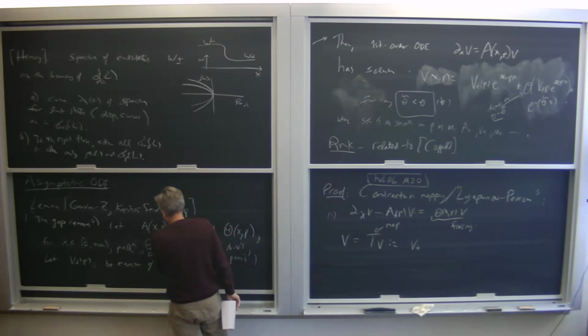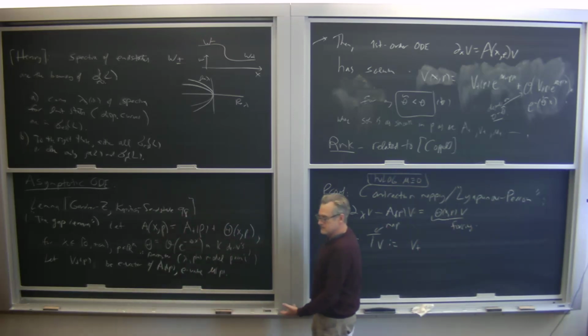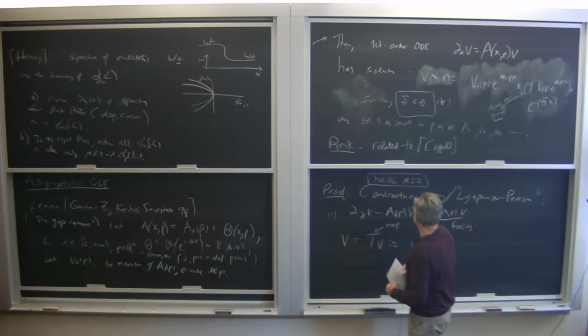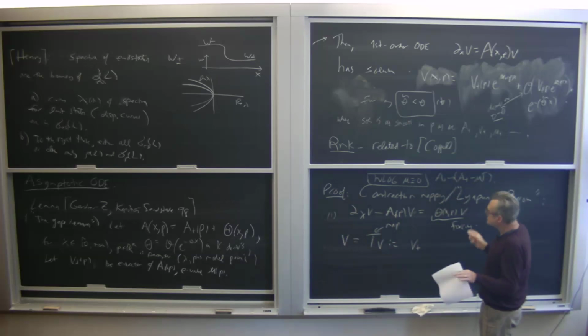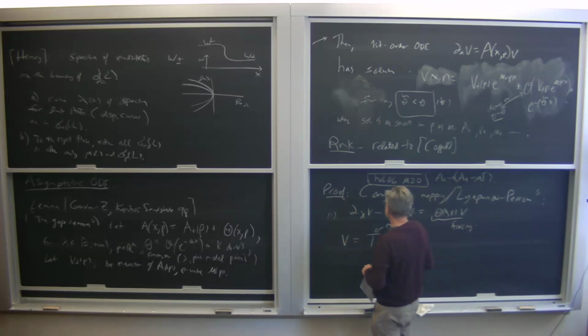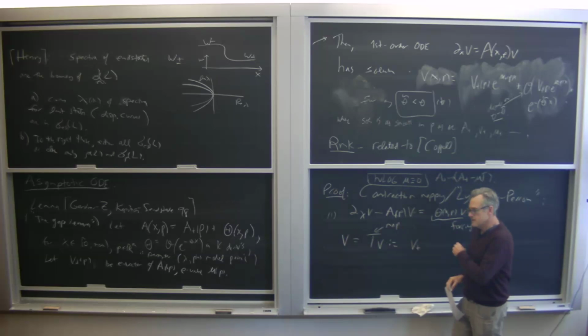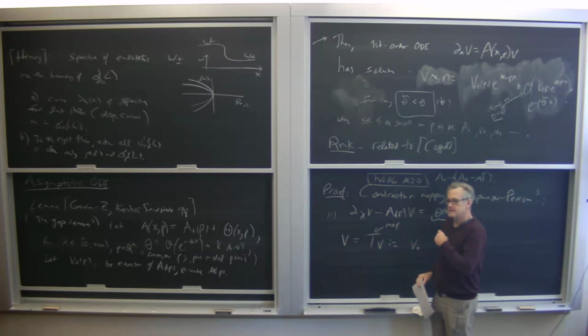And I haven't lost any of the smoothness, right? A plus is converted to A plus minus mu. That's the only change.